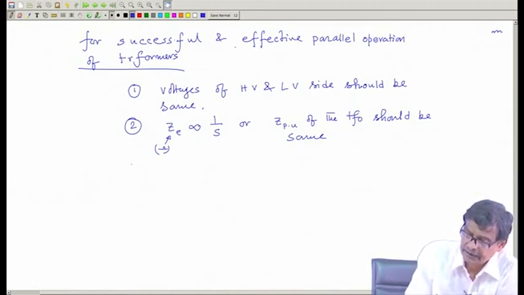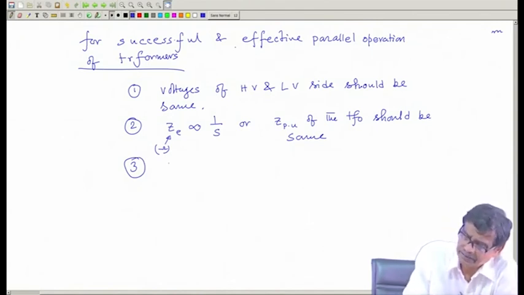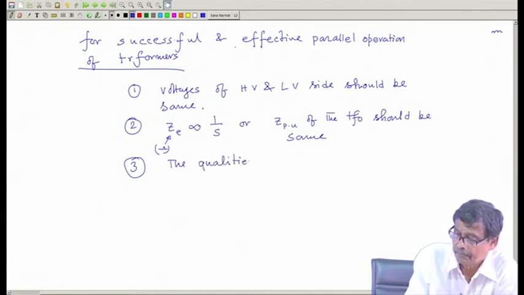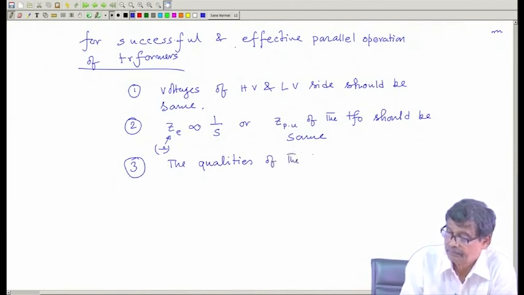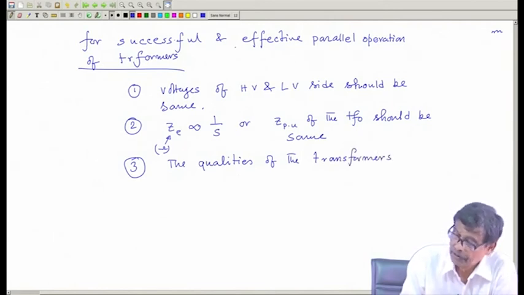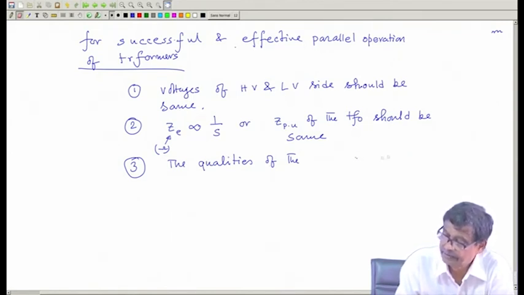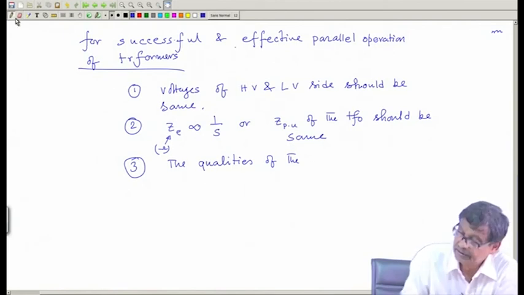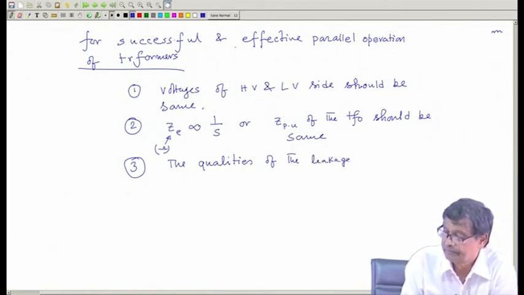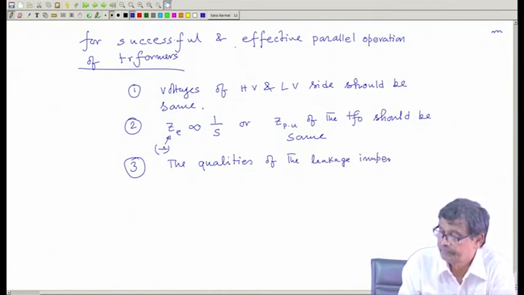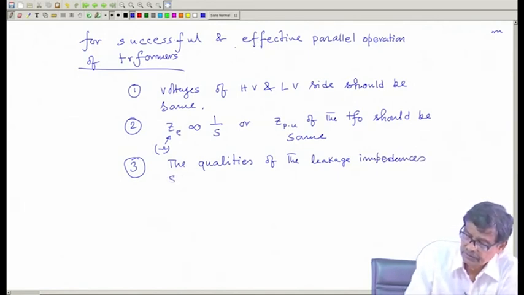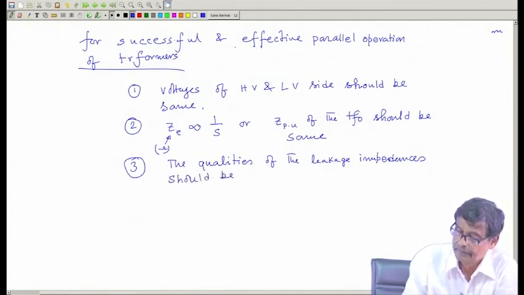Then the third condition, which is a desirable condition, is that the qualities of the equivalent of the leakage impedances of the transformers should be same.